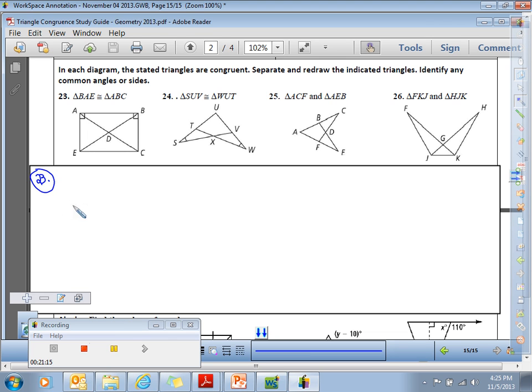Okay, 23 through 26 says in each diagram the stated triangles are congruent. Separate and redraw the indicated triangles. Identify any common angles or sides. The triangle BAE, so here's BAE, looks kind of like this.